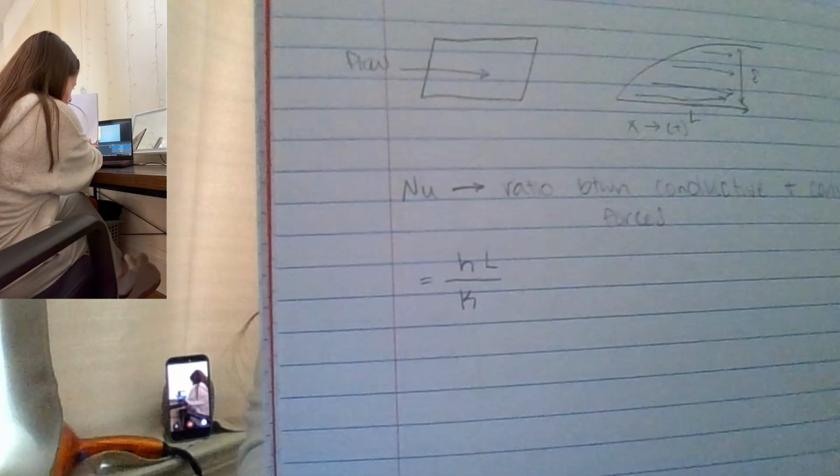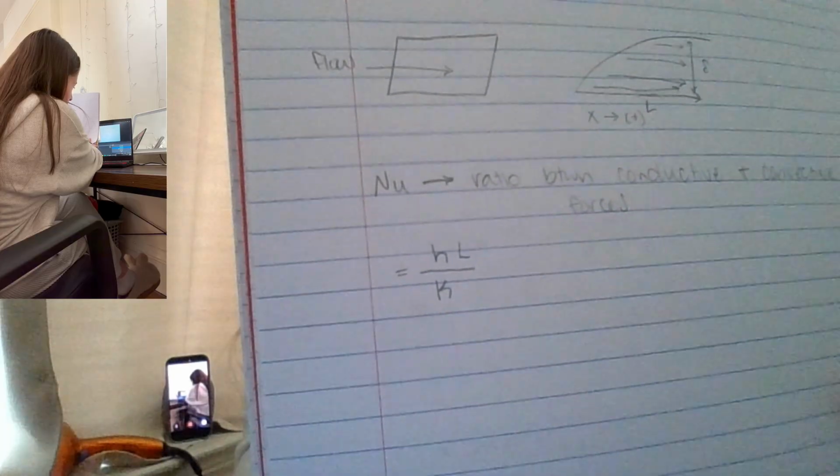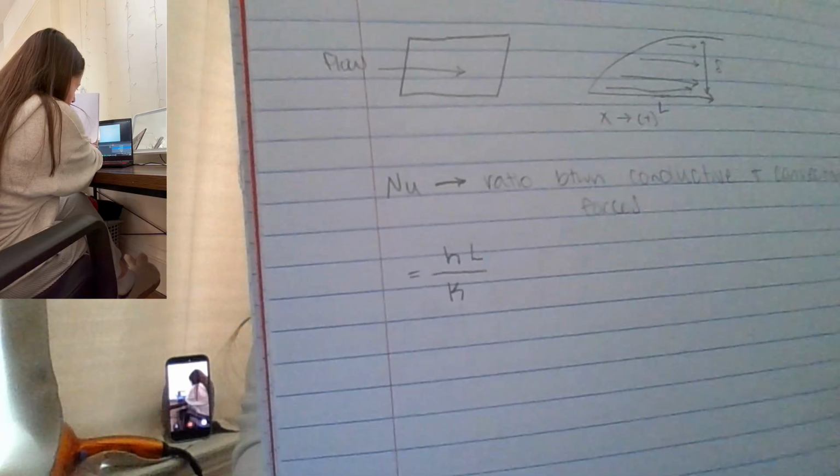And then on the bottom of that is going to be K, because that corresponds to our conductive forces. So K is the conductive force coefficient from Fourier's law, as we remember. And then that is going to be multiplied by L, which is the total length that we're looking across this boundary layer for. So it's going to be like this total length on the bottom here of our boundary layer, that L, and that's going to be the ratio that we have here. The convective force on the numerator, conductive in the denominator, and multiplied by the total length.